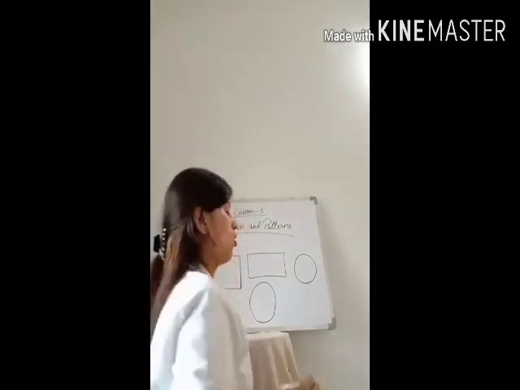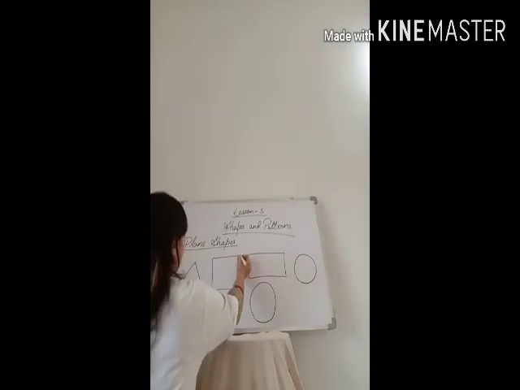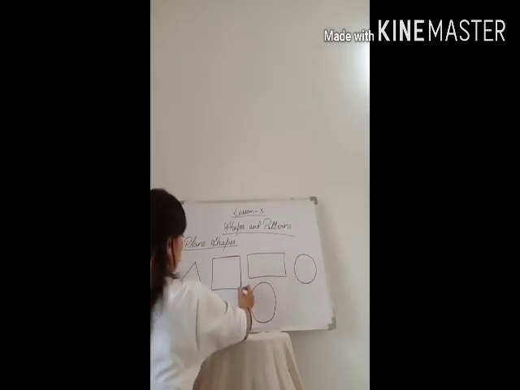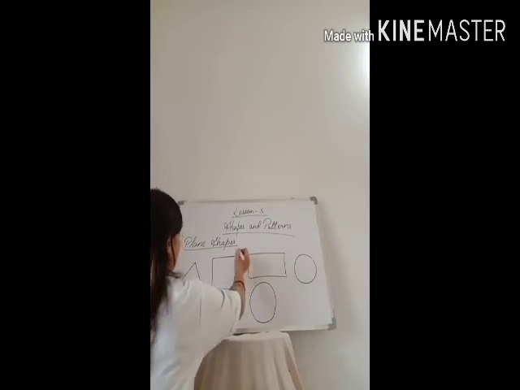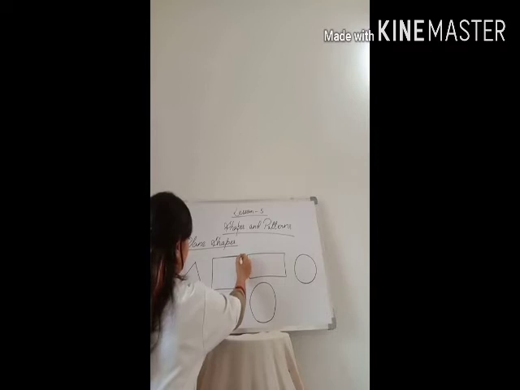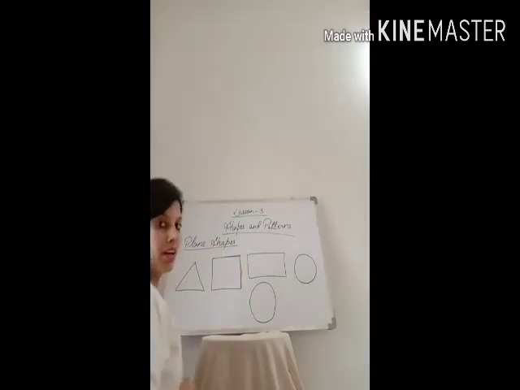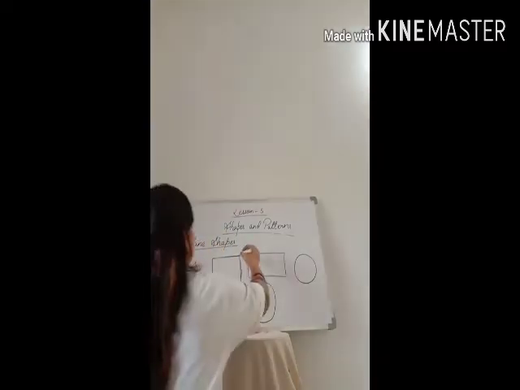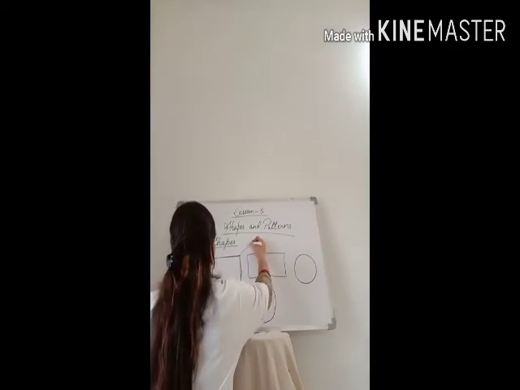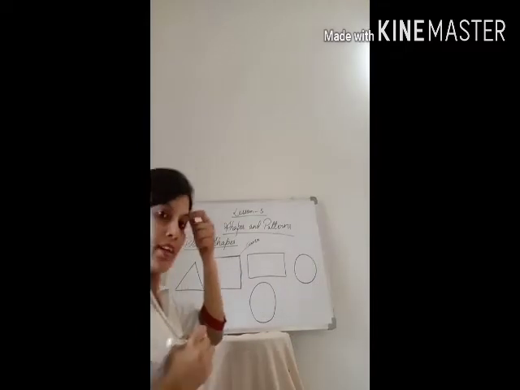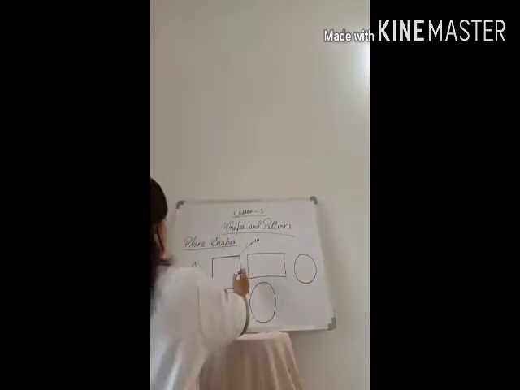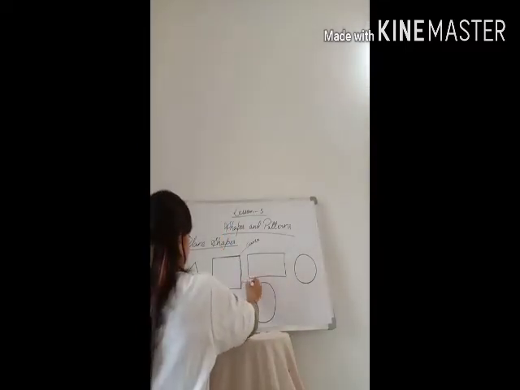Next, one point where two sides meet or intersect, that is a corner. Okay? Is it clear? This one is a side.